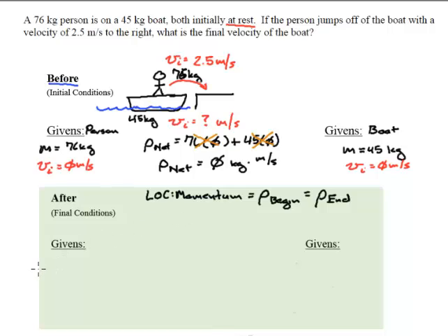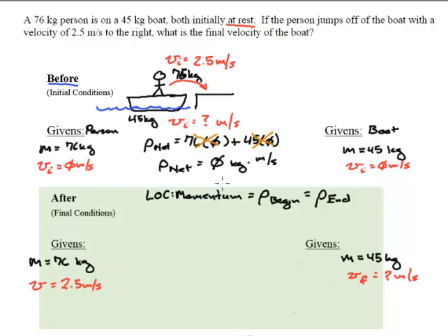So I know that the mass of the person remains the same, 76 kilograms, but now I have a new velocity. The velocity is 2.5 meters per second. The mass of the boat remains the same, 45 kilograms, but I am looking for what the final velocity is, question mark meters per second.